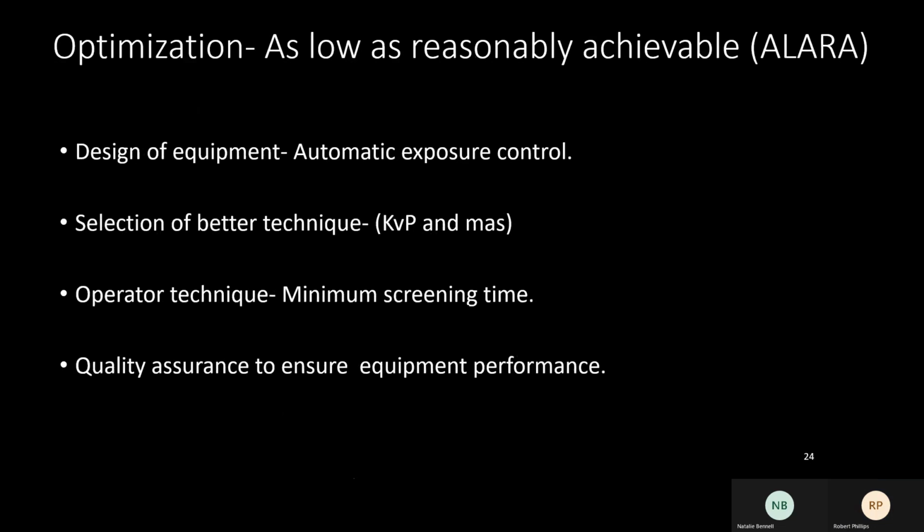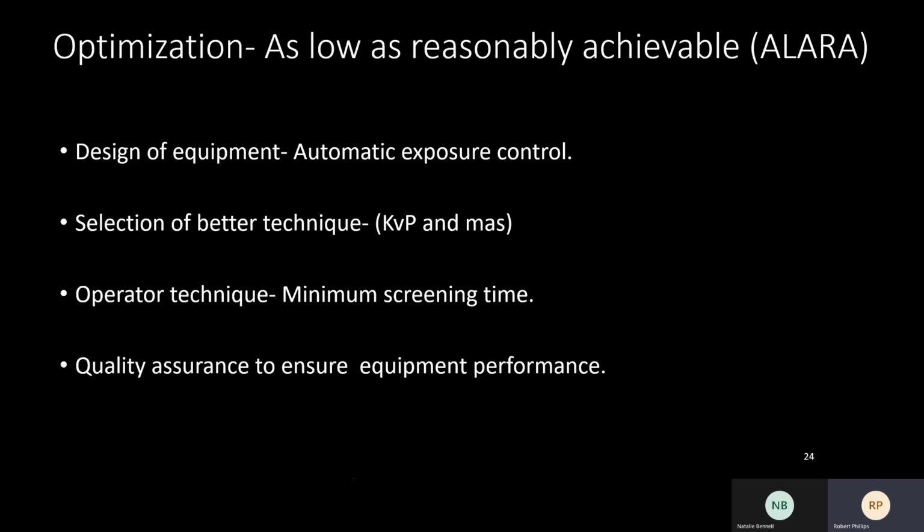It can be done at the level of design of equipment, and most of the X-ray CT equipment nowadays has automatic exposure control. After a certain dose, it will automatically switch off. Then there is selection of better technique.